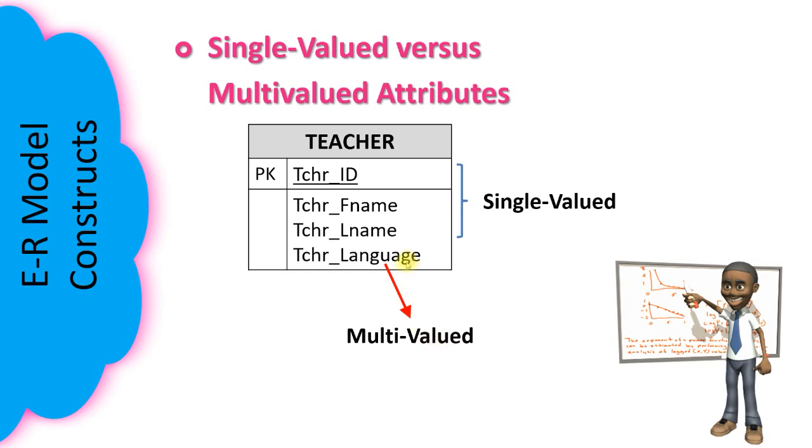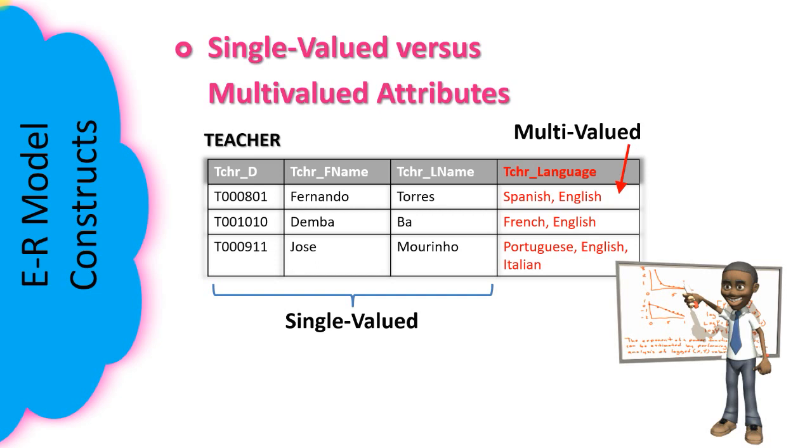So language is a multi-valued attribute because a teacher may speak more than one language. As simple as that. Look at this example from this slide. You may be able to see this example of a multi-valued attribute more clearly.